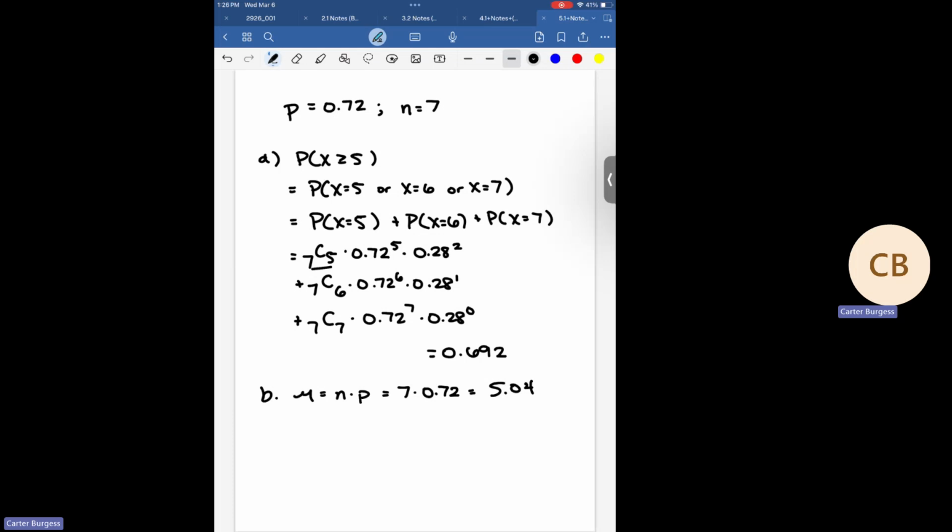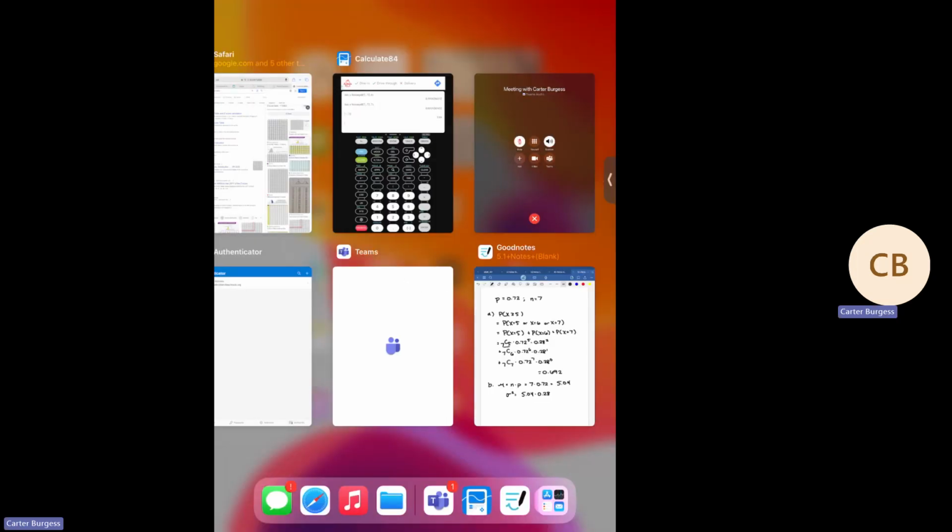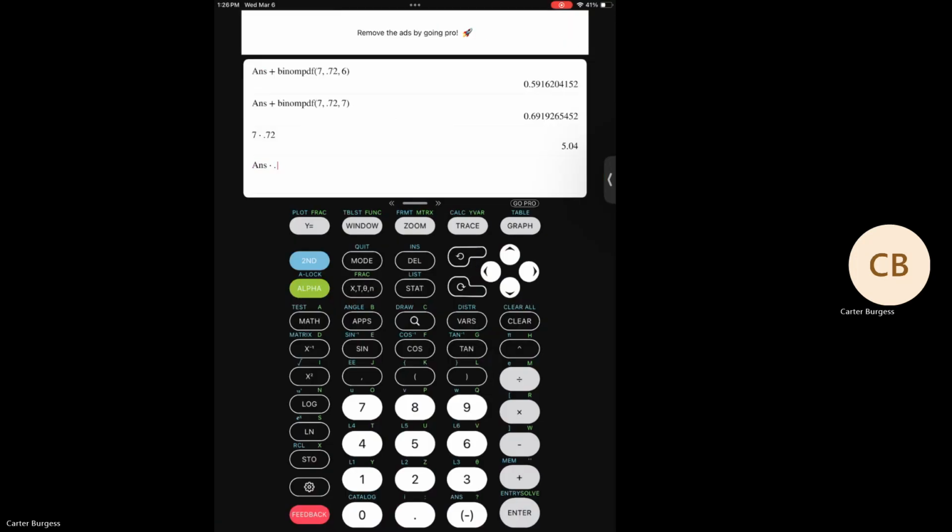Okay. How do I find my variance? Which I didn't ask for, but we do need. So we take this 5.04, multiply it by, in this case, 0.28, to get the variance of 1.41.